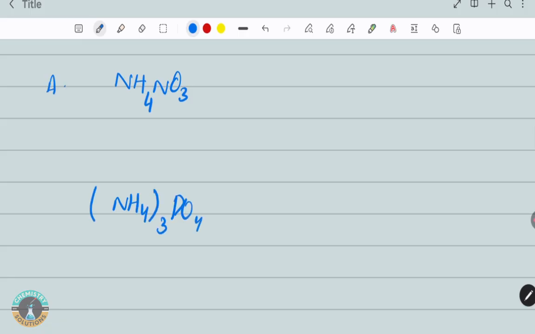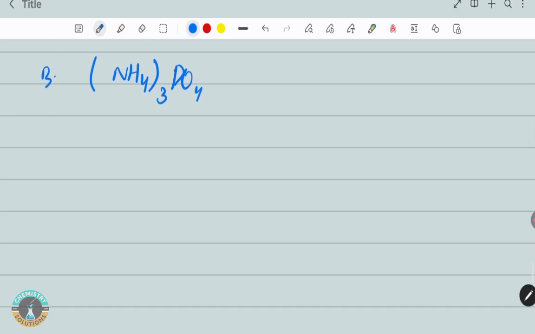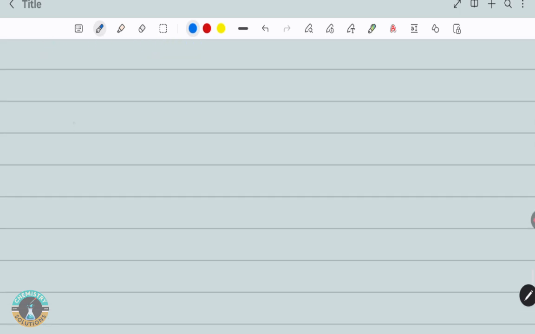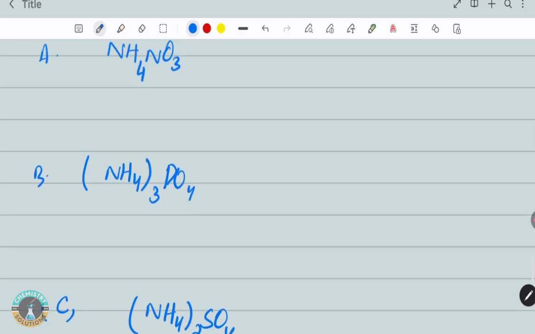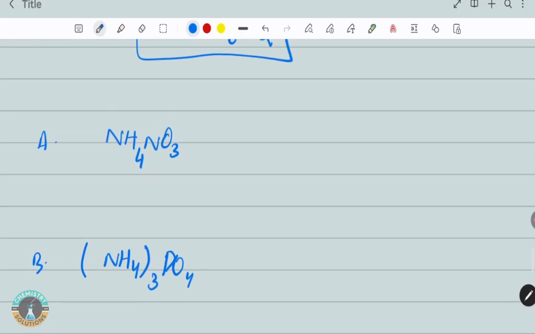This is A, B, C, that is ammonium sulfate, and D, that is our urea. Now look at these fertilizers. We have to calculate the percentage composition of nitrogen, the highest percentage by mass of nitrogen.